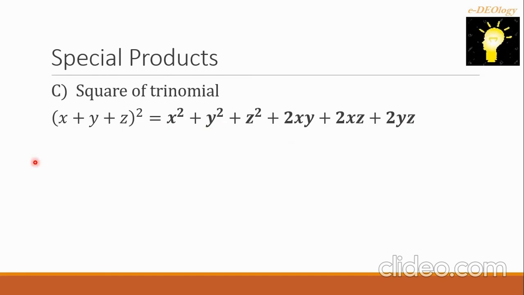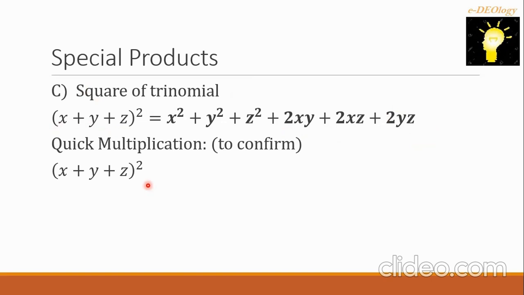So you see here, the xy is multiplied together and then times 2. The x and z are multiplied together and then times 2. The y and the z are multiplied together and then times 2. And that's it. This is now our special product for the square of a trinomial.